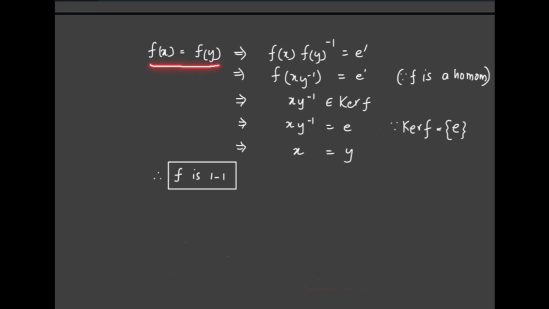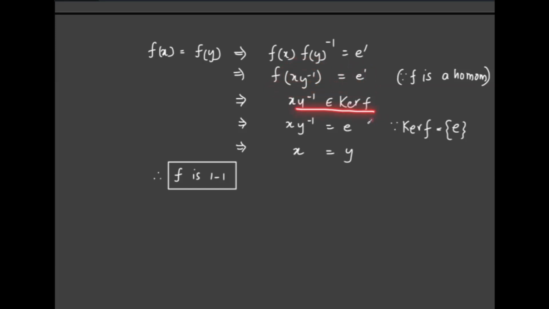So now f of x equals f of y can be written as f of x times f of y inverse equals e dash, which again, because f is a homomorphism, can be written as f of x y inverse equals e dash. Now what does it mean? It means that x y inverse is in the kernel.